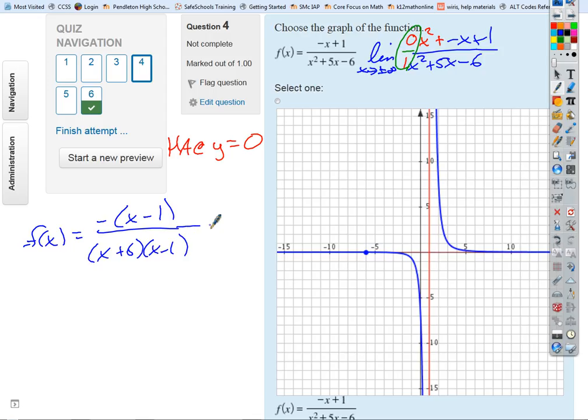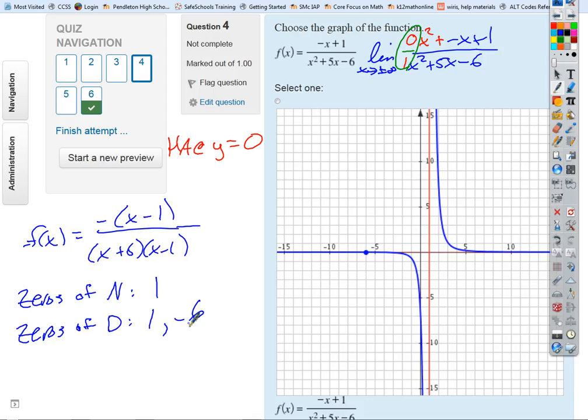Okay, so then I end up with zeros of the numerator, or just one of them, at 1, right? Zeros of the denominator are 1 and negative 6.